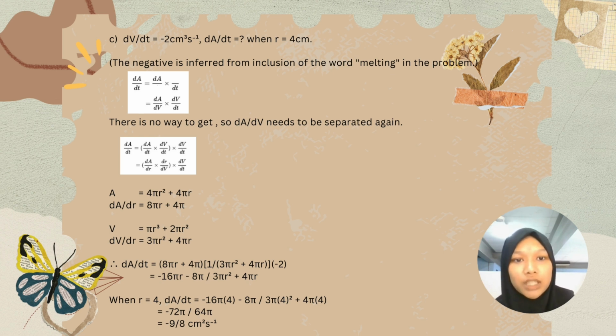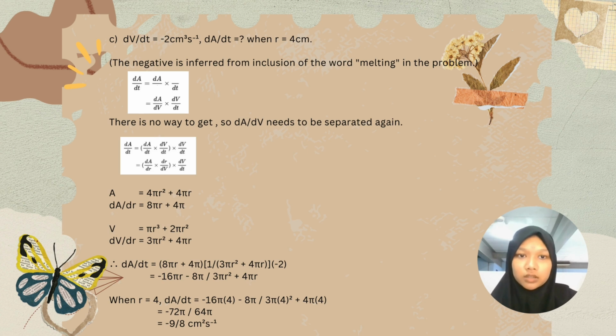So you might ask, why is it negative? It is because the negative is inferred from the word melting in the problem. The question asks to find the rate of change of the surface area, which means dA over dt. So we want to find dA over dt when the radius is 4 centimeters.